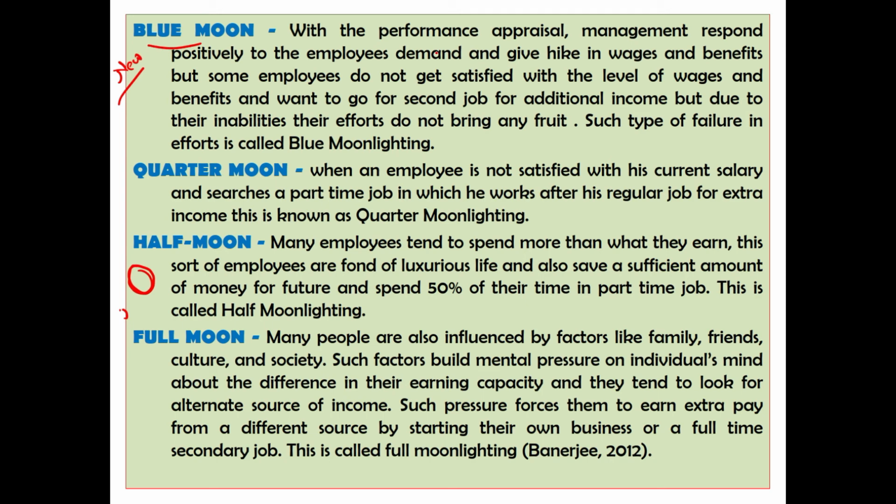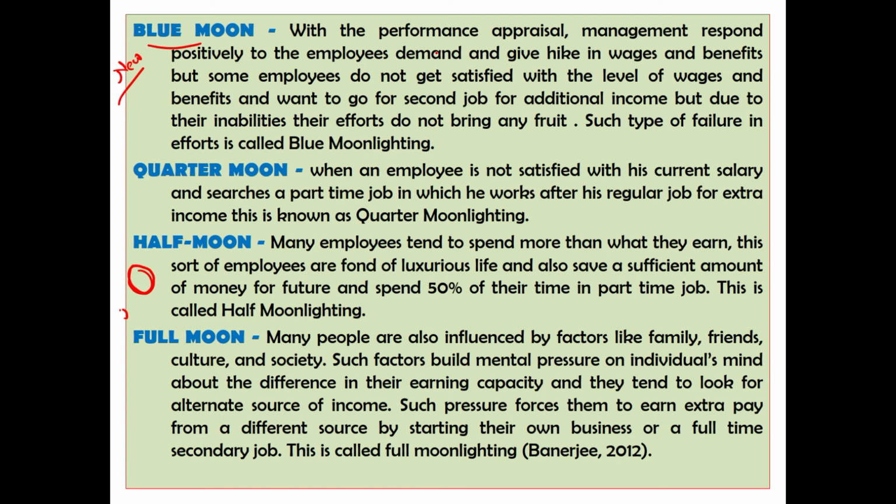Here, in an organization, every organization has a performance management system. So employees are rated with respect to their performance, and they will be given wages or let's say increment or reward with respect to their performance. So there might be some employees who will not be satisfied with respect to the benefits they get.